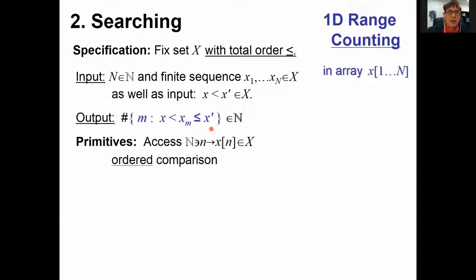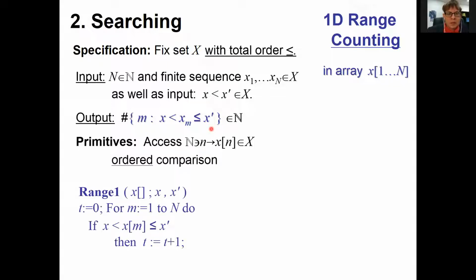So it's a half-open interval. This algorithm is naive: it simply walks through the array and counts all elements that satisfy this condition. If they do, it increases the count. That's a linear time algorithm.